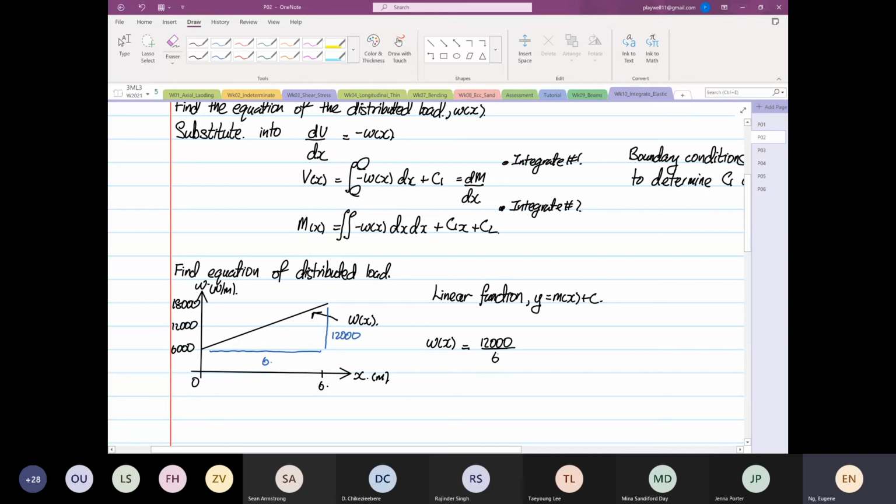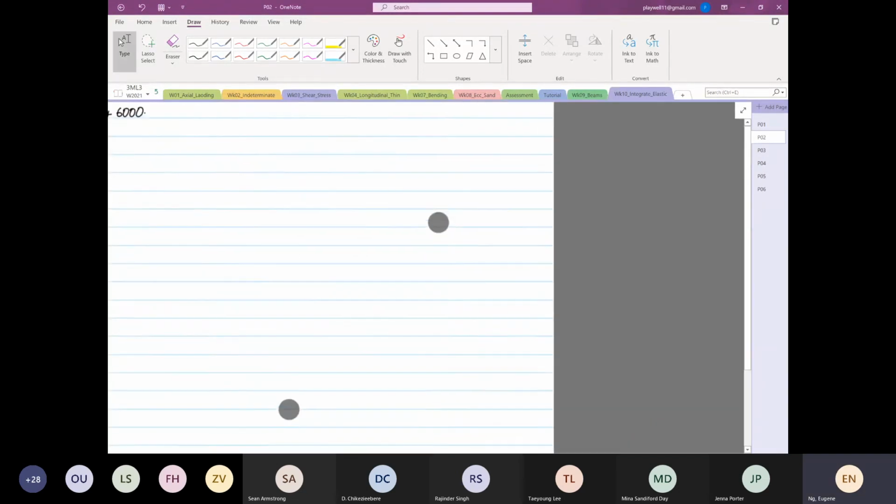So this is equal to 12,000 divided by 6, x, plus 6,000. The y-intercept is our 6,000. So this is our gradient, and this is our y-intercept, as you can see.